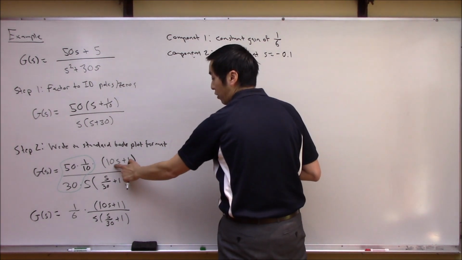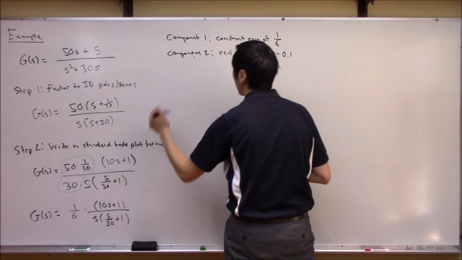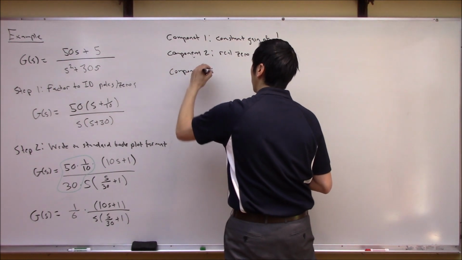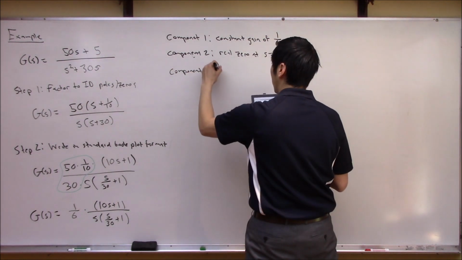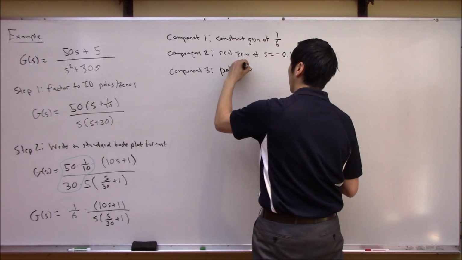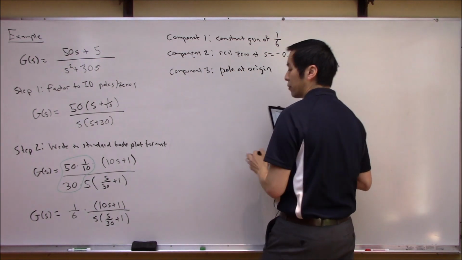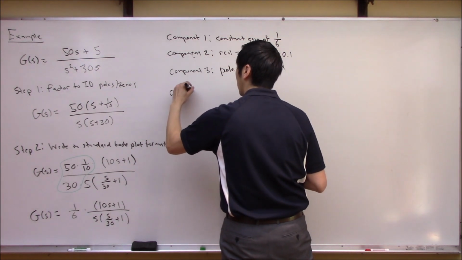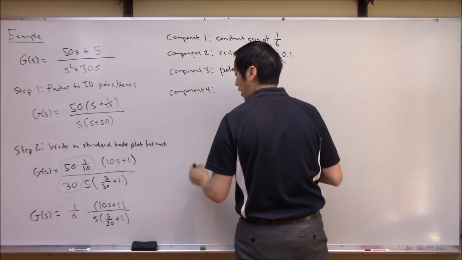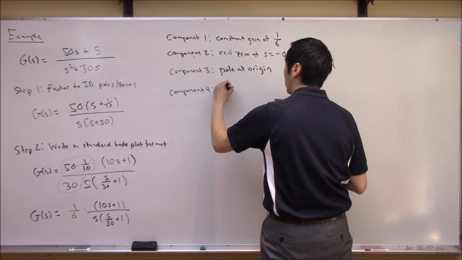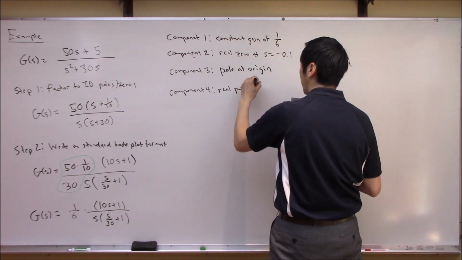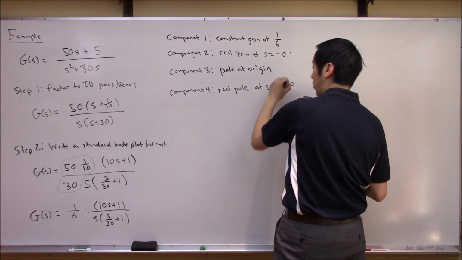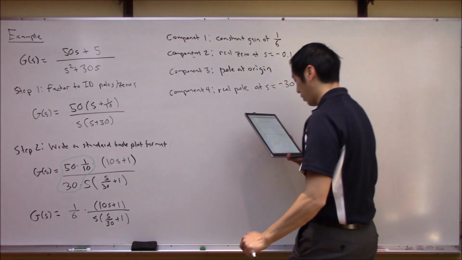That's where the zero is. Component 3 is a pole at the origin. That's this component here. And finally, component 4 is a real pole at s equals negative 30, excuse me. That's this pole right here.